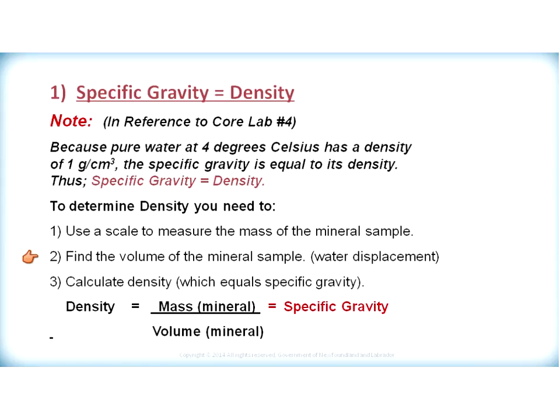If you take the risen volume minus the original volume, that will give you the water displacement, which is the volume of your mineral. And third step, we calculate the density using the formula: density equals the mass of the mineral divided by the volume of the mineral.